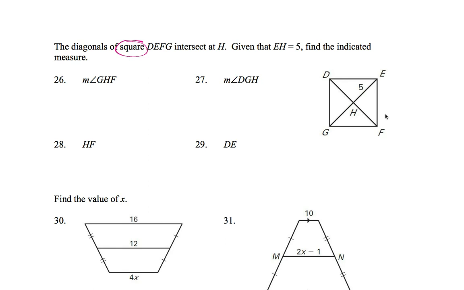They intersect at H, given that EH is 5, the indicated measurements. So GHF, it's a rhombus, so they're perpendicular, so that's going to be 90 degrees.